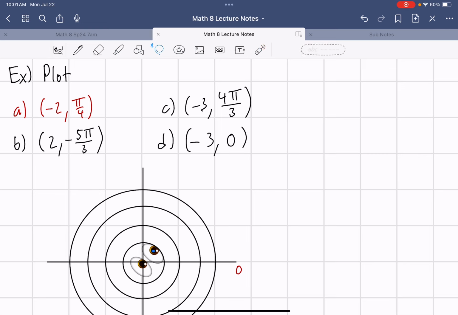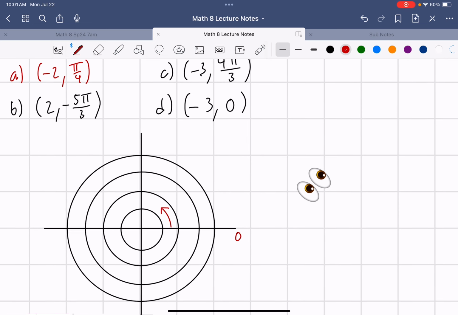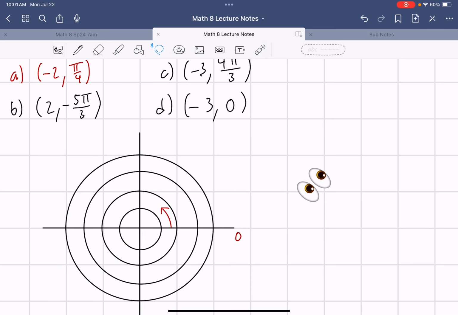Backward is the negative direction. So I know, even though I'm looking at pi over 4, so that would be something like this, right? I rotated to pi over 4, but I went back. Let me just center this. I go back to -2. So from the origin, I'm going to go 1 and then 2. And this is exactly that point.